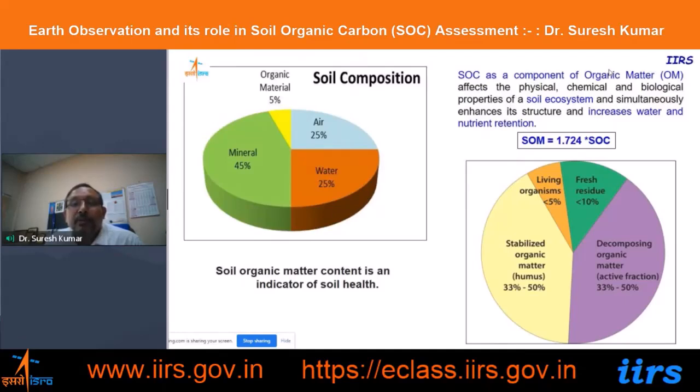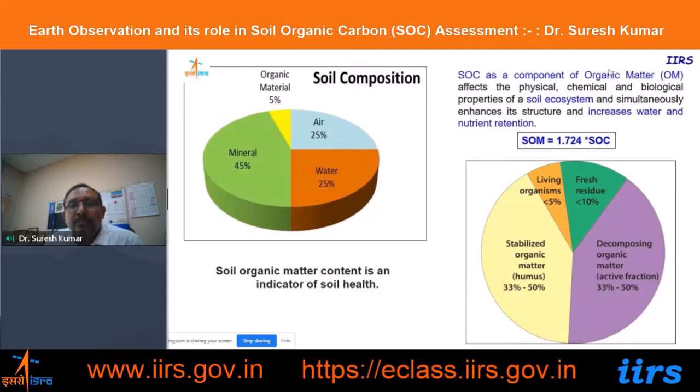And if your soil carbon is exposed or decomposed, then this soil carbon will be converted into CO2, carbon dioxide, and your atmosphere gets a high concentration of CO2, and then you will witness more climate change impacts in terms of temperature increase and erratic distribution of rainfall.